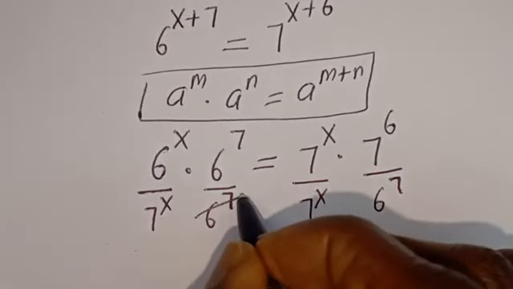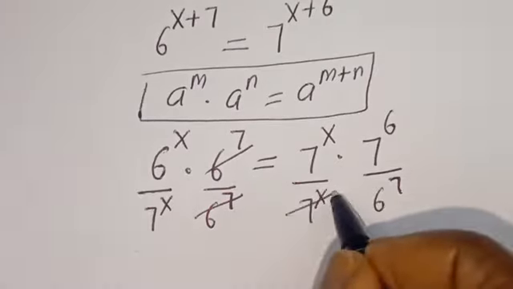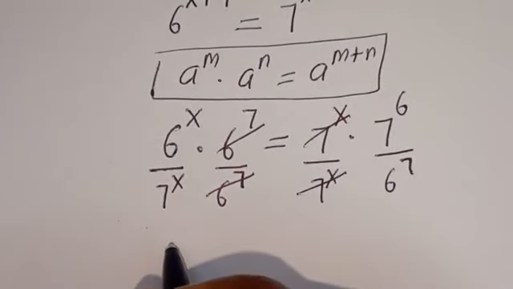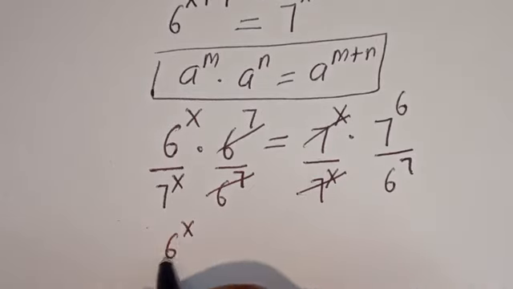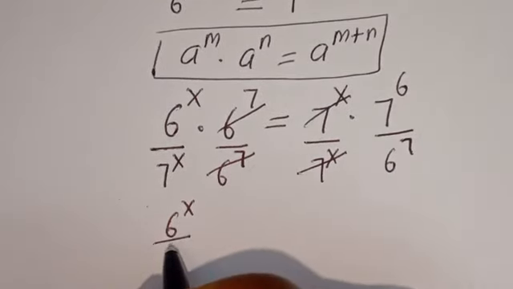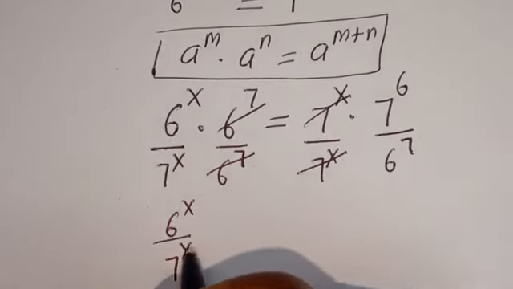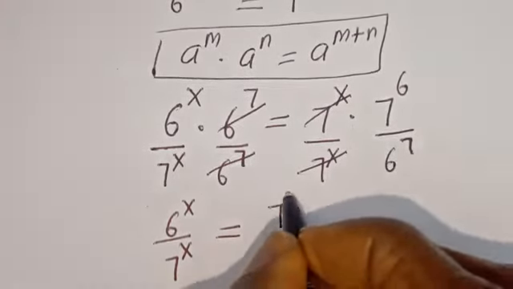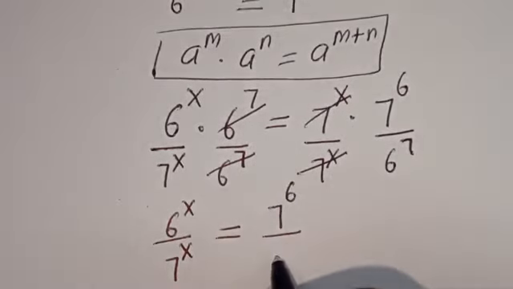Then this we cancel this, and this we cancel this. We have 6 to the power of x divided by 7 to the power of x is equal to 7 to the power of 6 divided by 6 to the power of 7.